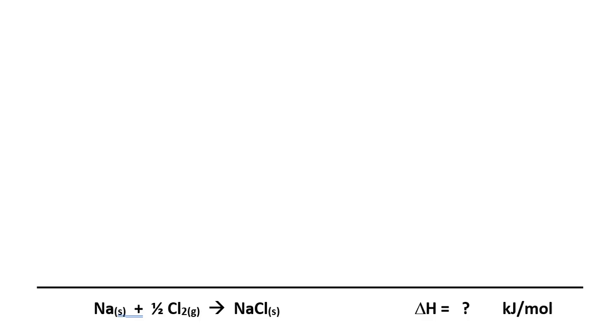It has to end up producing 1 mole of the ionic compound from elemental forms. Sodium comes as a solid metal. Chlorine comes as a diatomic molecule in a gaseous state. ΔH with the degree symbol up there represents heat of formation under standard reaction conditions.